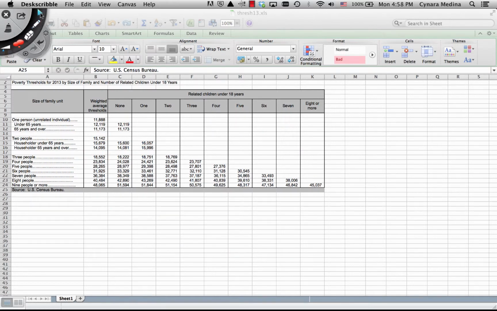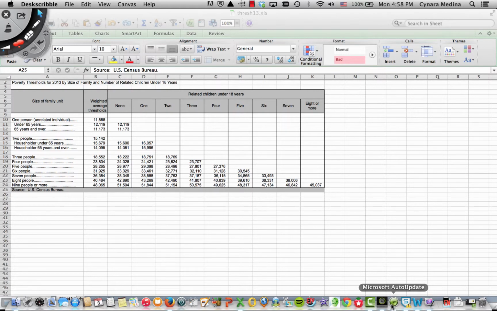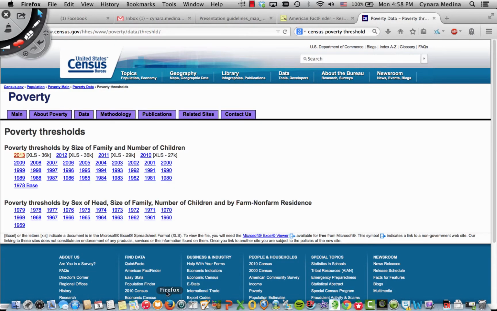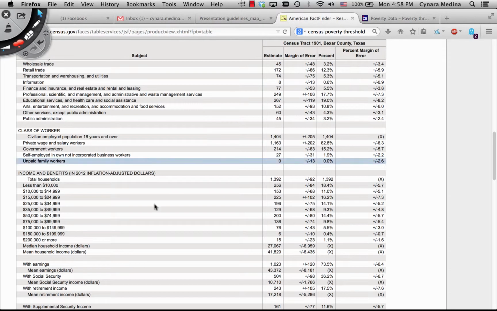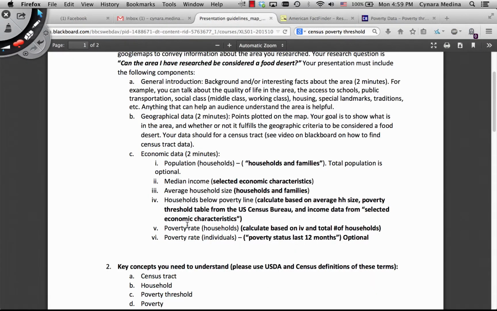So I am going to go back to my data. Where is my data? Here's my data. So what you need is the poverty rate. So the poverty rate you can calculate based on the poverty threshold data from the US Census Bureau and the income data from selected economic characteristics.